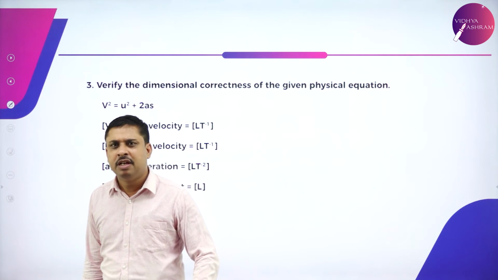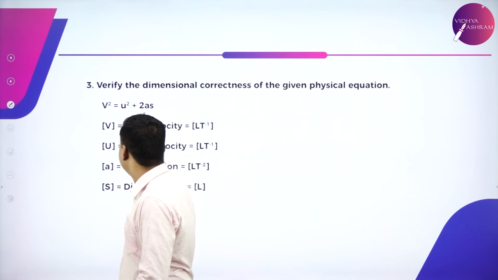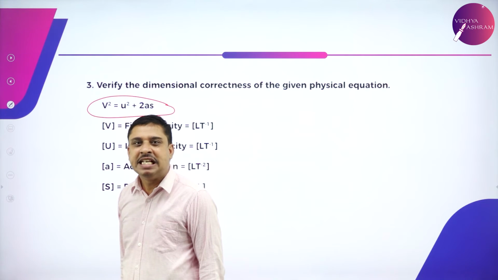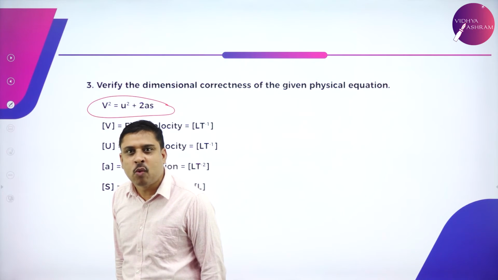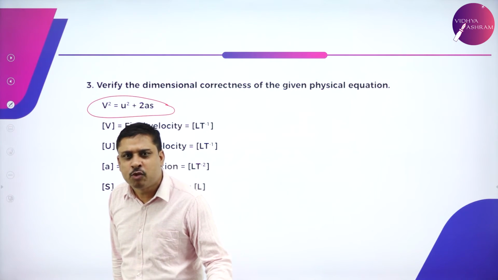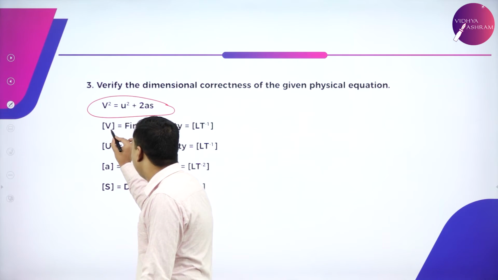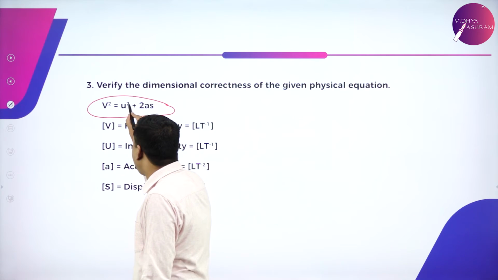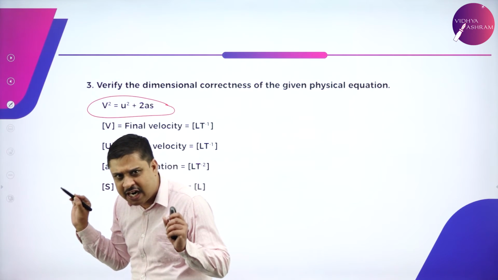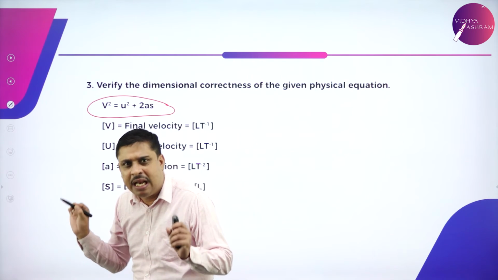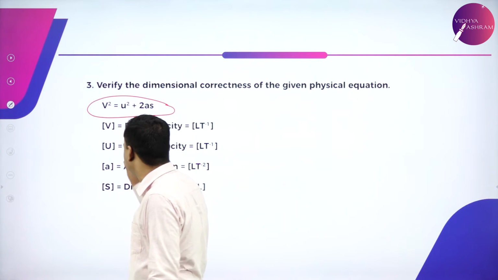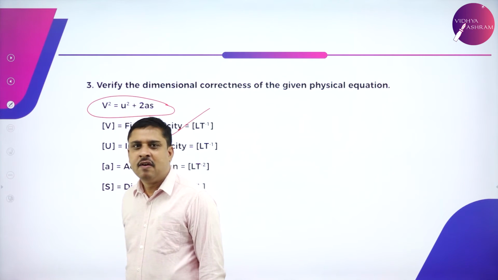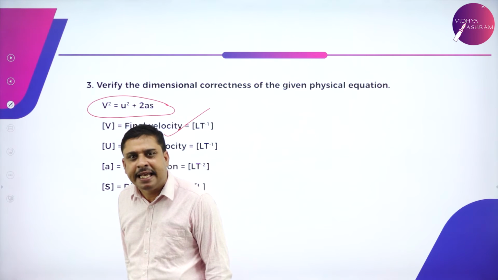The same way, now you will help me out. Third equation of motion, V square equals U square plus 2AS. Yes, work it out clearly. V, final velocity. Now don't worry about the powers. Let us first in simple terms describe the terms. V, final velocity, which is LT minus 1.